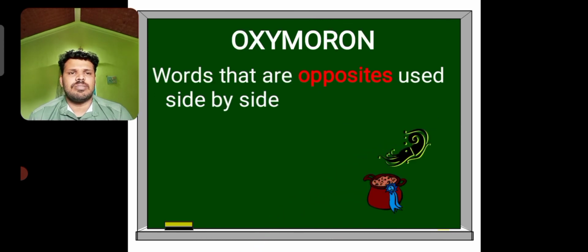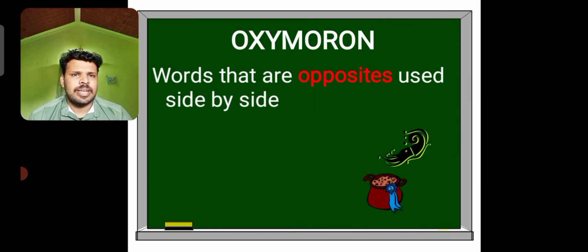So next one is oxymoron. This is very important. Oxymorons are words that are opposite, used side by side. For example, a terrible beauty. There is a poem by W.B. Yeats, Easter 1916. There is a refrain: All changed utterly, a terrible beauty is born. Here the words terrible and beauty are two contradictory things.